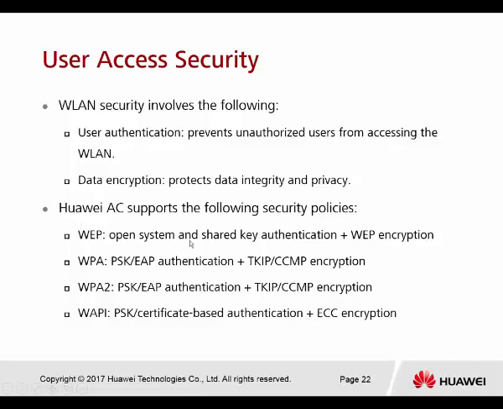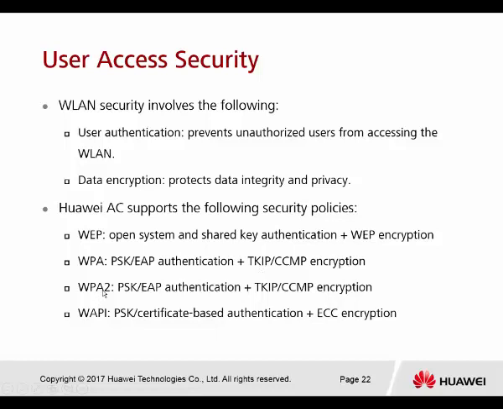Huawei supports the following security policies: WEP, open system and shared key authentication, plus WEP encryption. WPA, where you can use PSK, the pre-shared key, or EAP authentication. For encryption, they have two different formats, TKIP and CCMP.